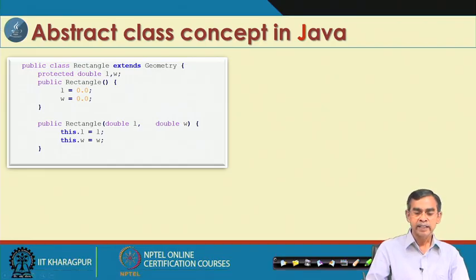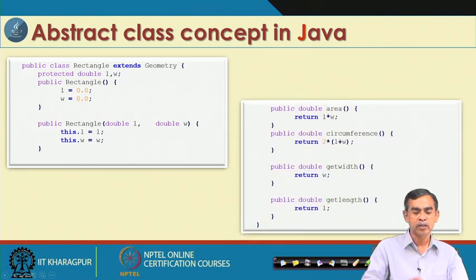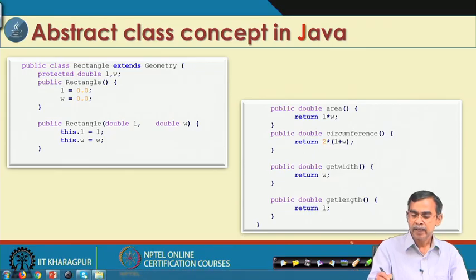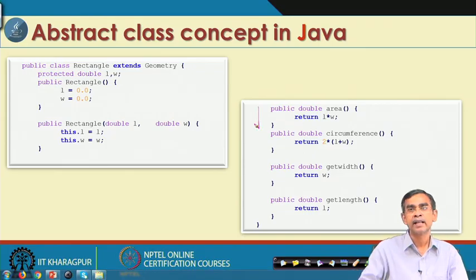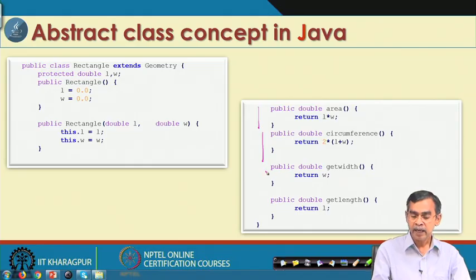So, it is an inheritance of the geometry as a rectangle class. Now, this class has some other methods which are not shown here. As we see, area is again declared abstract in the superclass, so it is defined here for this class, and this is the circumference, which for this class is the redefinition, and these are the two methods of its own that are special to this class.